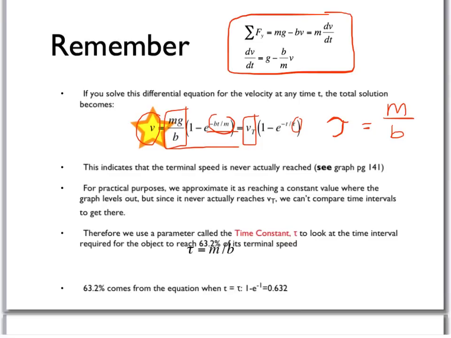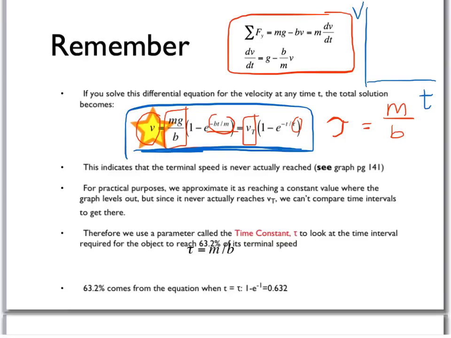Looking at this equation, we see that terminal velocity is not actually ever reached. In fact, if we were to graph this velocity function, you can look at the graph on page 141 in your books, or you can take a look at my quick sketch that I'm going to create here. If we graphed the velocity of the object at any time t, what we'd find is that this function looks something like this, where terminal velocity is becoming a bit of an asymptote.